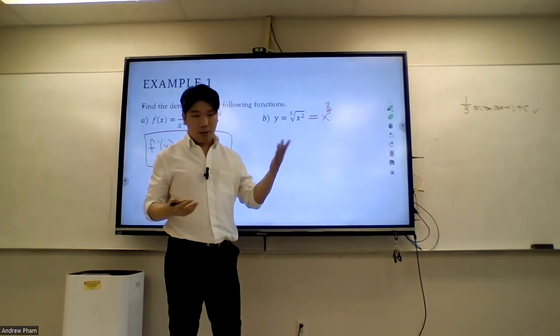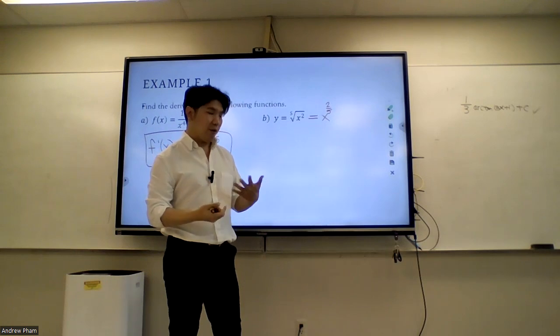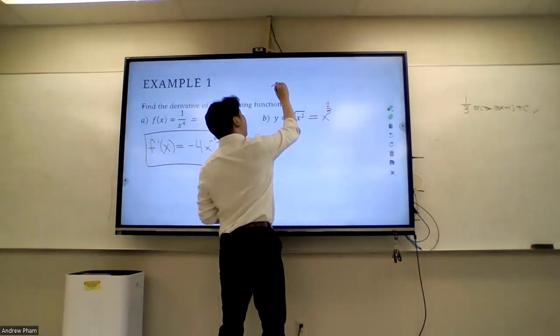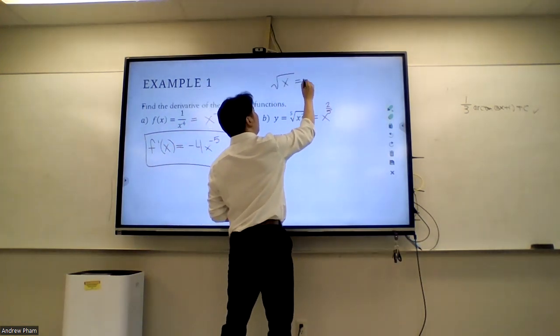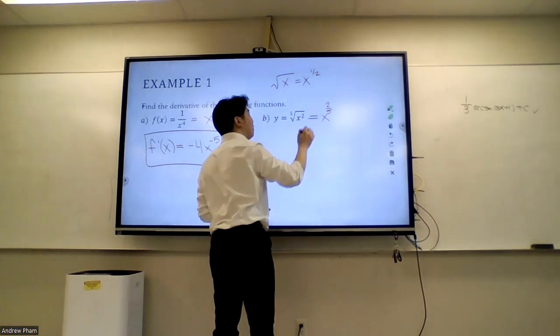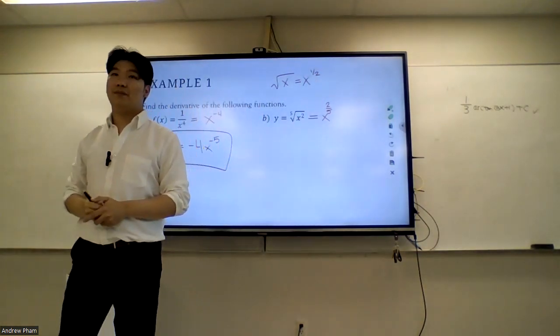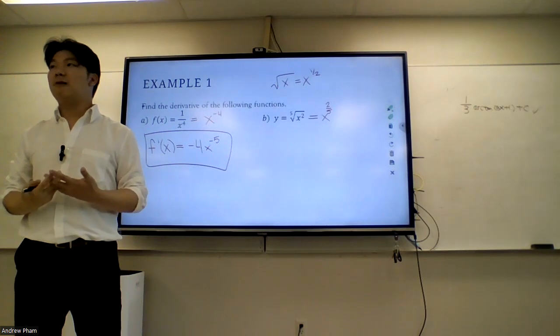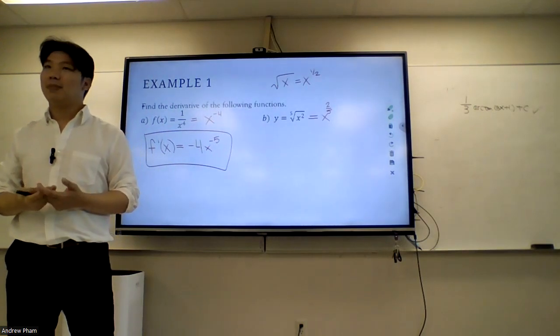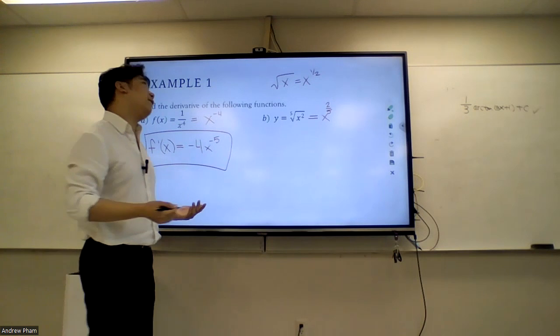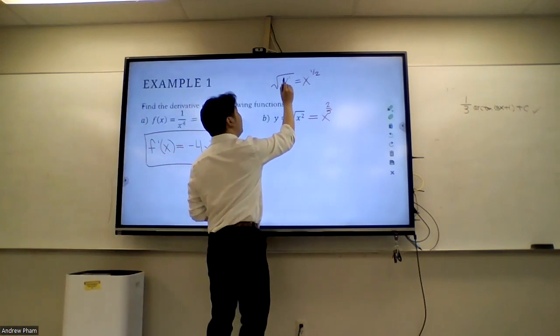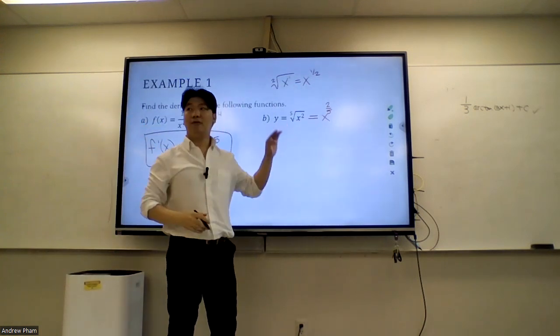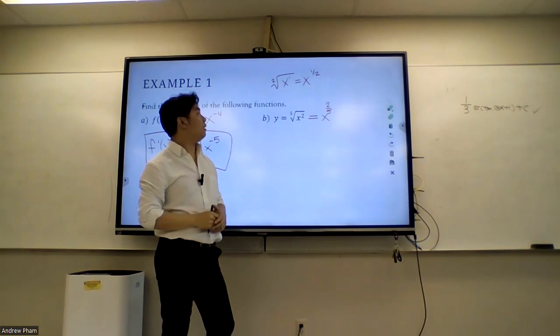So here's how we can remember this. A common thing that we've used before is that the square root of x is x to the 1/2. These are the same expression, just written in a different way. This actually comes from the fact that here x has a power of 1, and it's a square root, like here.